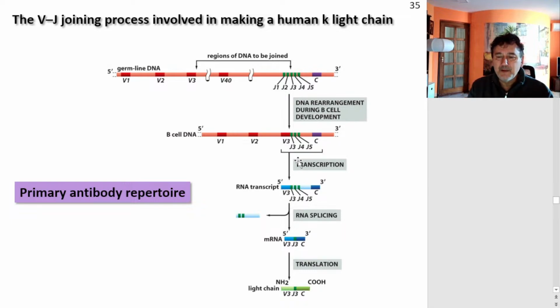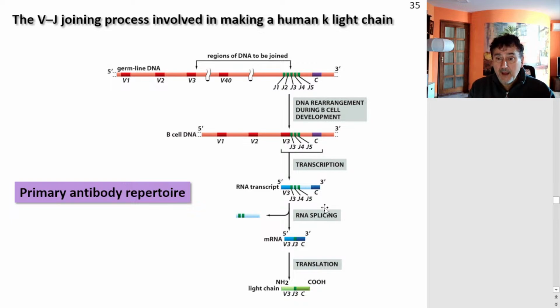It's a little misleading because for V3 there can be J4 or J5; the 3 is just a coincidence. So one of the V domains is matched to one of the J domains, and that makes a single variant.